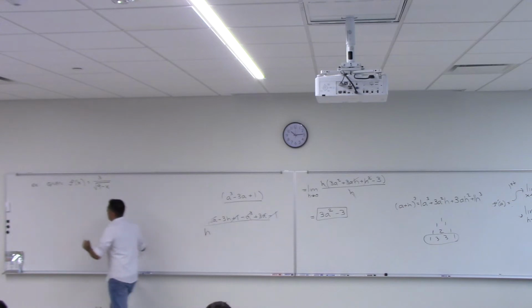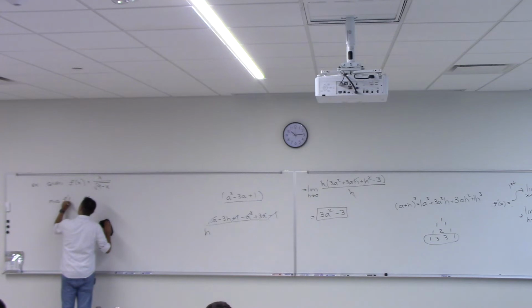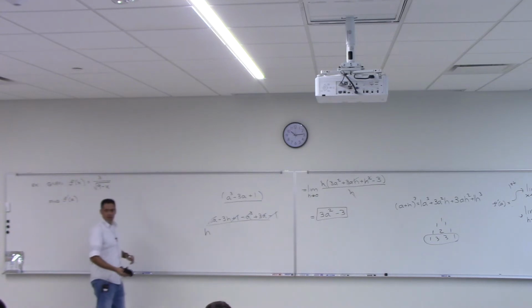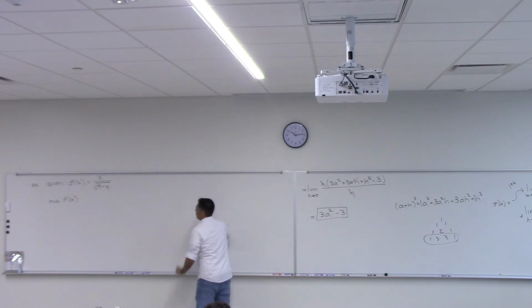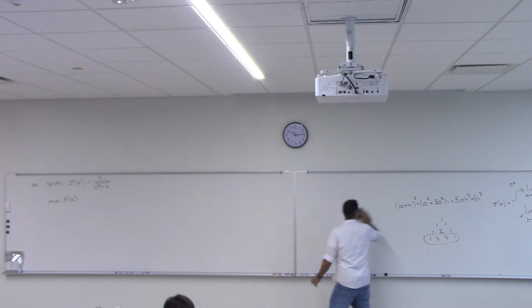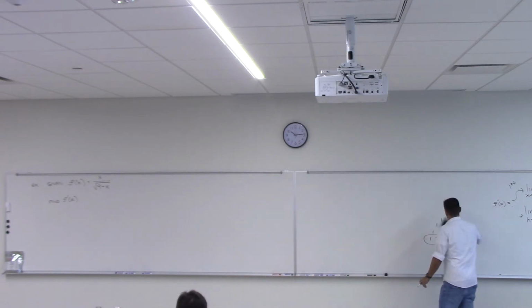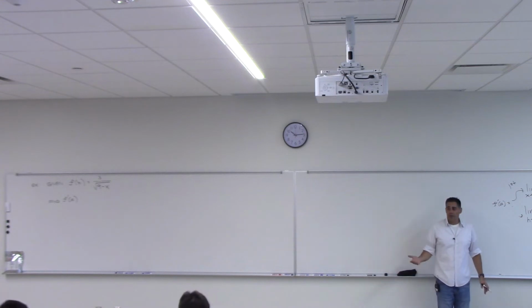I want us to find the slope of the tangent line at any arbitrary point a. So what definition do you want to use? I don't care. You have to pick.